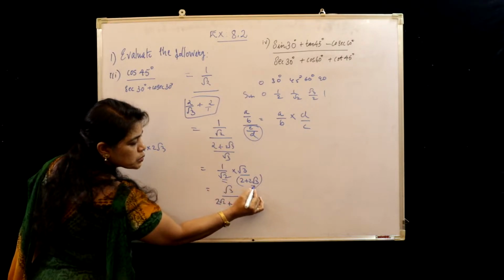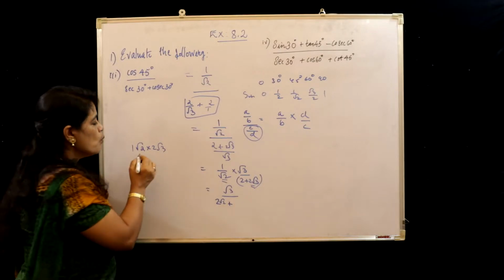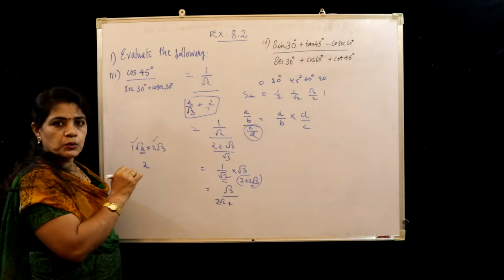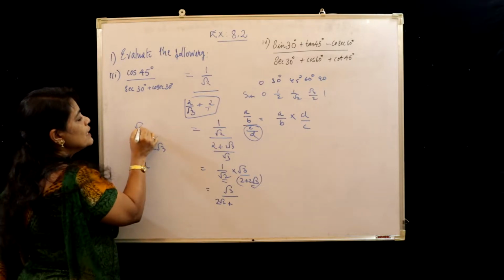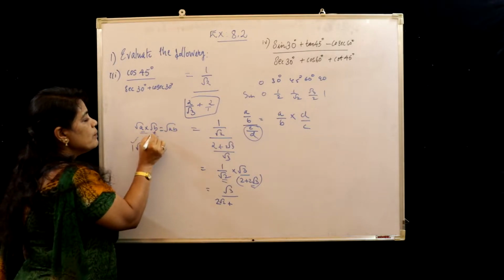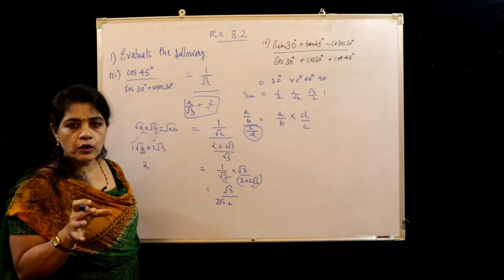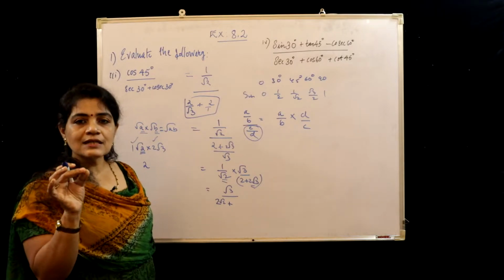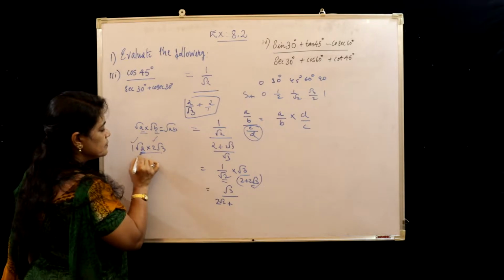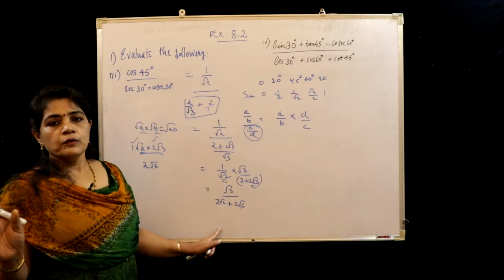Actually root 2 is 1 root 2, so 1 into 2 is 2, and root 2 into root 3, we know that root a into root b is root ab. So multiply the numbers inside the square root and write them together under the square root. So root 2 into root 3 is root 6, that is 2 root 6, so plus 2 root 6. Hope the idea is clear, children.